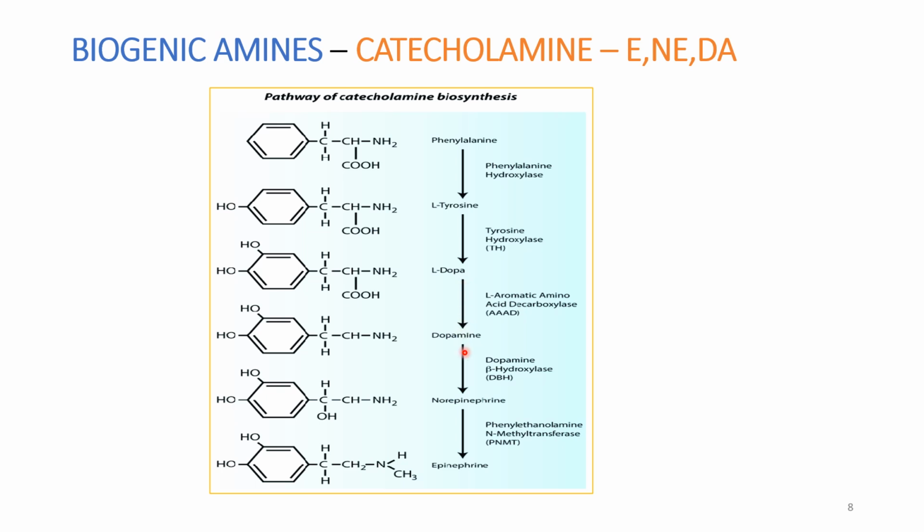Then, L-dopa is converted into dopamine with the help of L-aromatic amino acid decarboxylase. Next, dopamine is converted into norepinephrine with the help of dopamine beta hydroxylase. Next, norepinephrine is converted into epinephrine with the help of PNMT, that is phenylethanolamine N-methyl transferase. So these are the reactions, the pathway of catecholamine biosynthesis. This you have to remember.